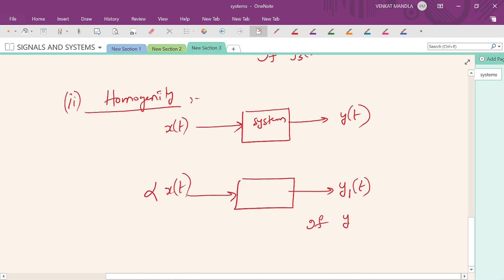If that y1 of t is alpha times y of t, then the system obeys homogeneity.